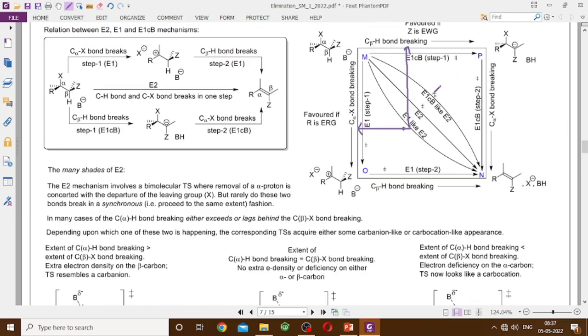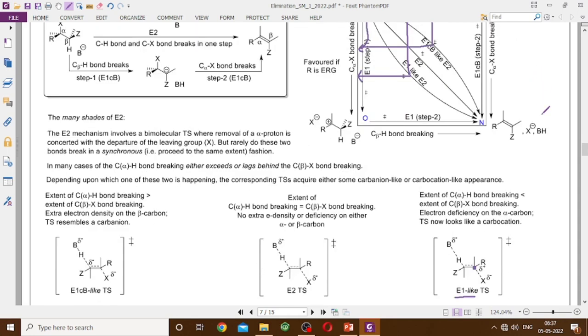Look at this one, this line with upward curvature, that is the E1CB-like E2, because the transition state is here. If you try to find out the extent of CH and CX bond being broken, then you can see that the CX bond has not broken very much, but the CH bond has broken to a much greater extent. Therefore we have a negative charge buildup on the beta carbon.